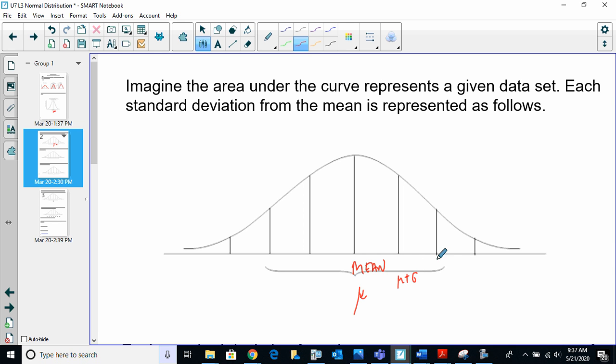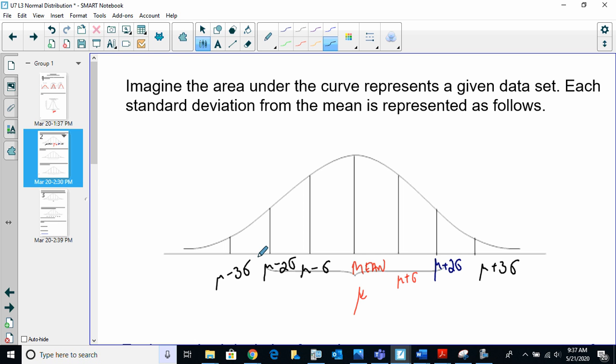The other one will be mu, or mean, plus 2 standard deviations. And the third one will be 3 standard deviations. When we go to the other side of the curve, we will have mean minus 1 standard deviation. The other one here is mu minus 2 standard deviations. And the third one is mu minus 3 standard deviations.